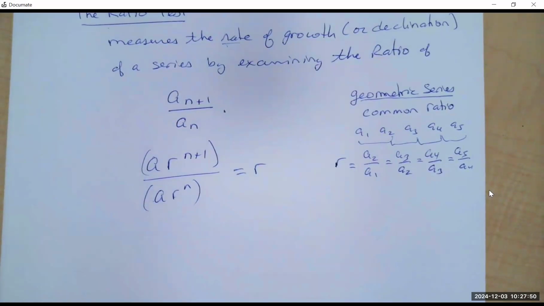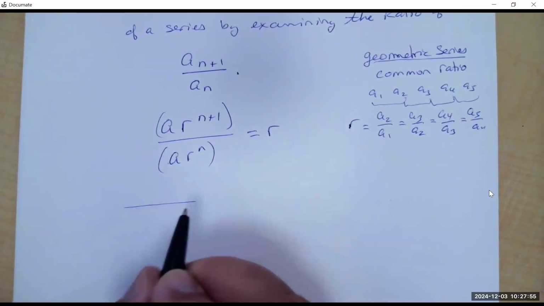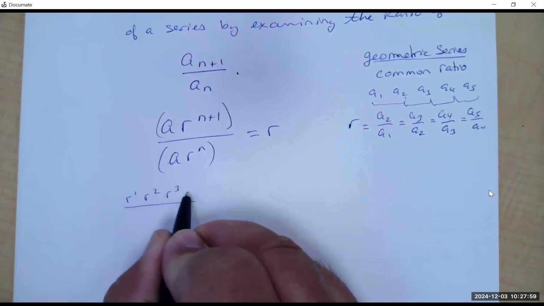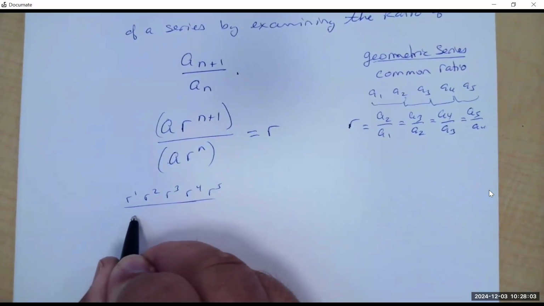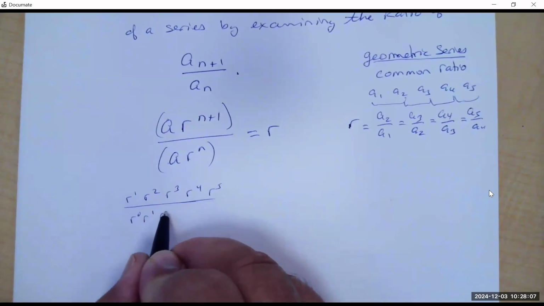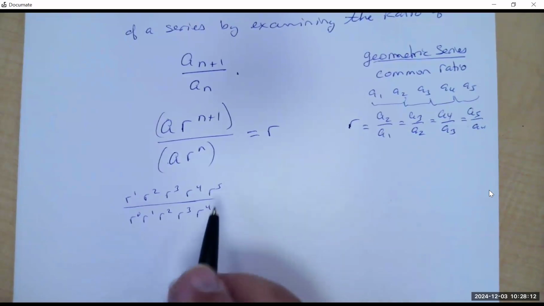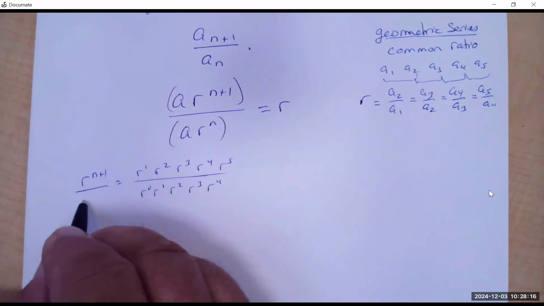Why is that? R1, R2, R3, R4, R5. R0, R1, R2, R3, R4. Because remember, the top has to be bigger than the bottom.